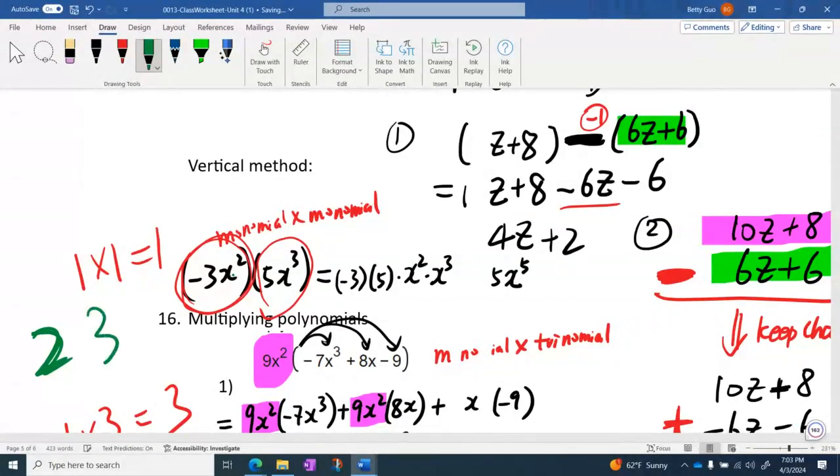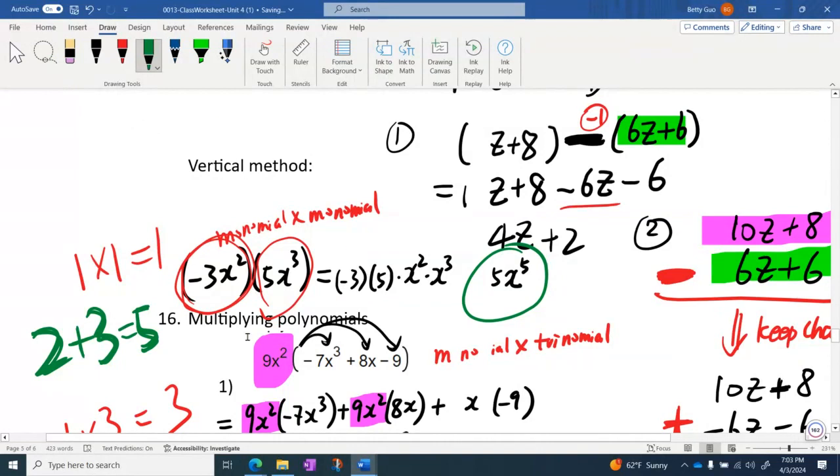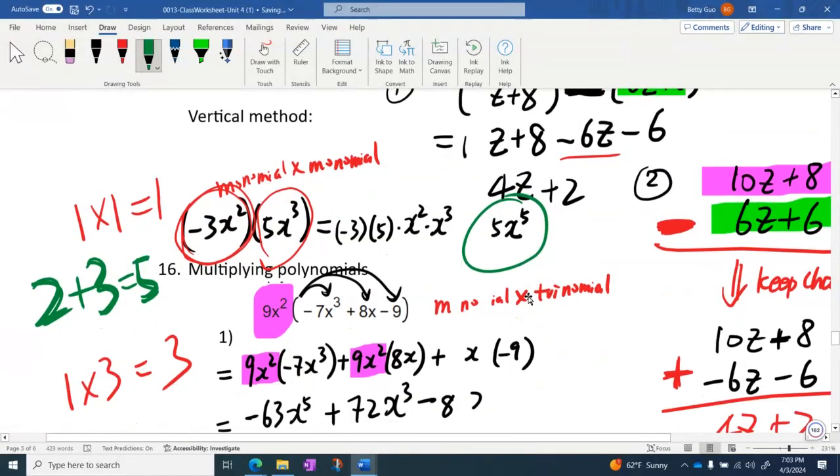The second monomial degree is 3. 2 plus 3 is 5. So the result is degree 5. When we multiply two polynomials, if the first polynomial's degree is 2 and the second's is 3, then your answer must have degree 5. If it's not, that means your answer is wrong.